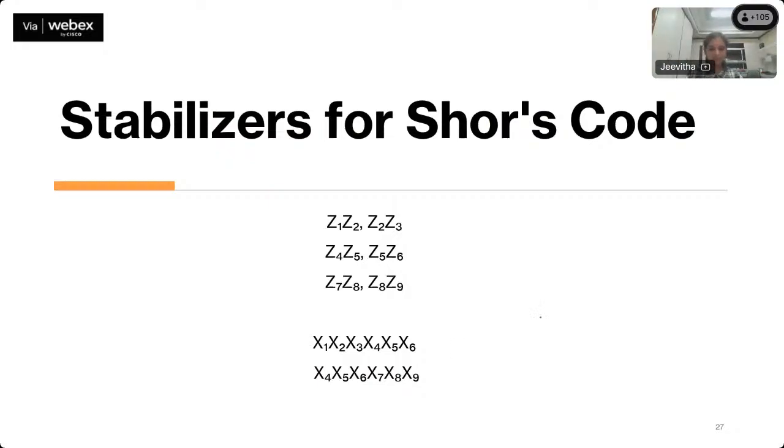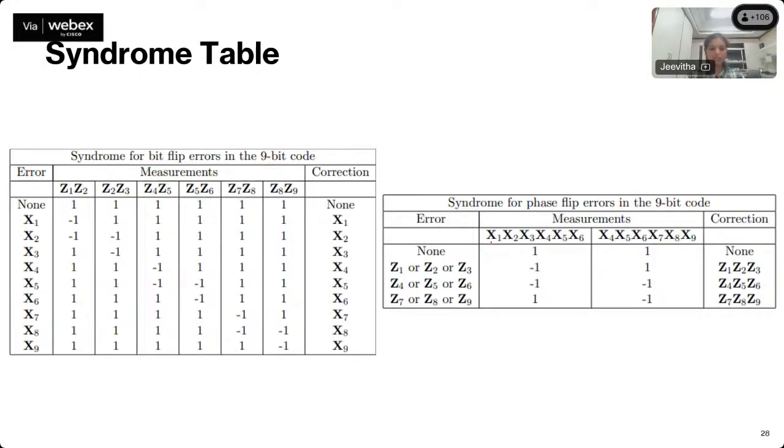Sorry for the disturbance. So when you see the stabilizers for the Shor code, these are the stabilizers to detect bit flip error, and these are the stabilizers used to detect phase flip error. And this is the syndrome table we are using to detect and correct errors.